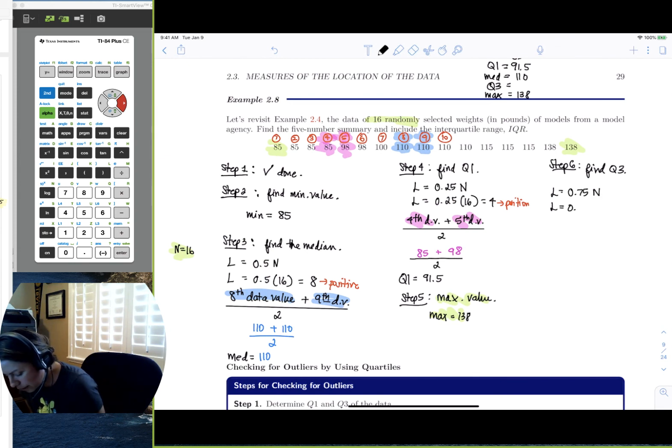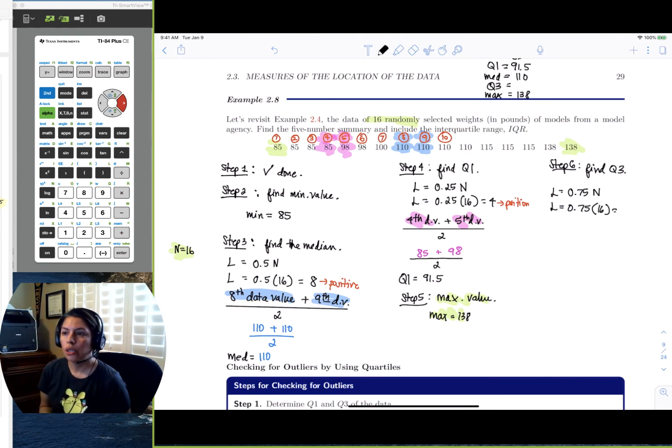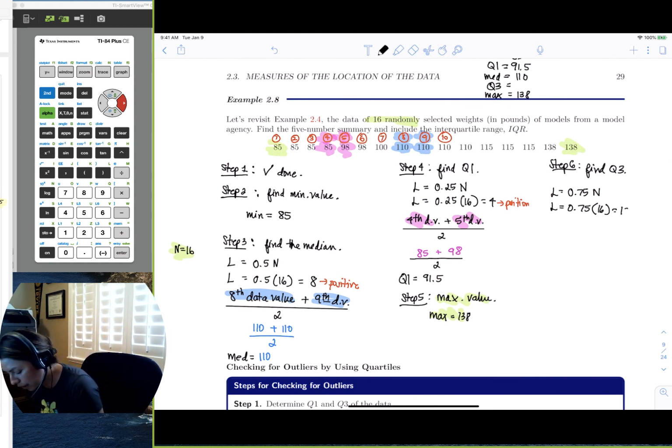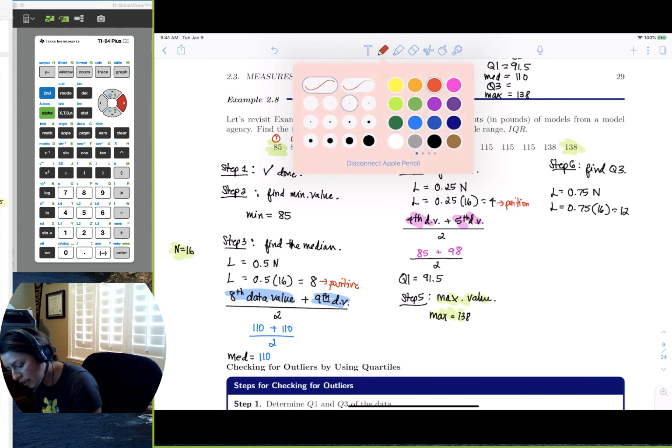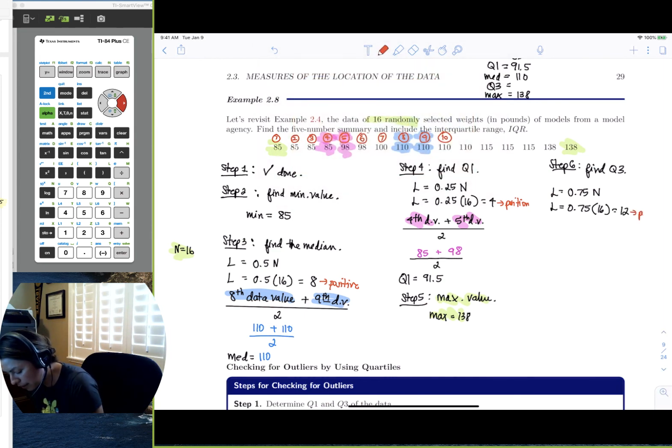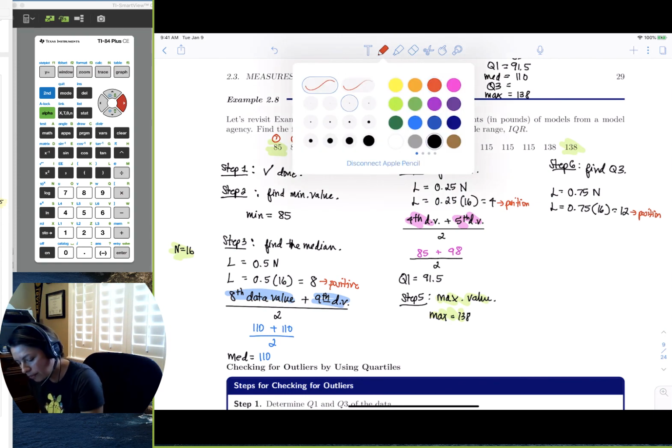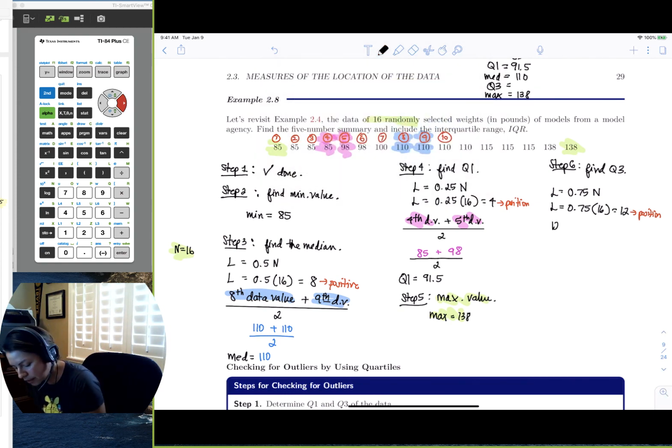So that would be 0.75 times 16, which is equal to, if you put it in the calculator, 12. But recall that this is not the data value, right? This is a position. Because we obtained a whole number, we would have to take the 12th data value, add it to the 13th data value, and divide by 2.